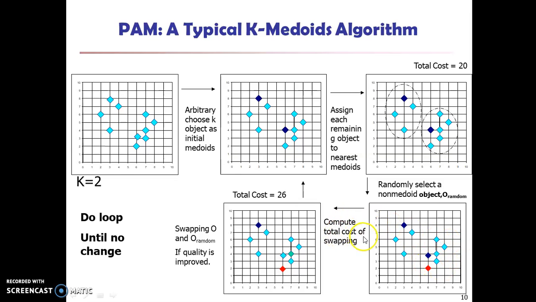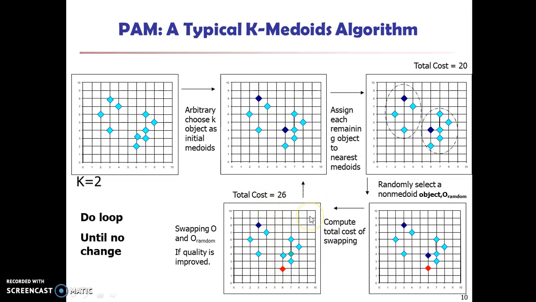So compute the total cost of the swapping. Initially this was the medoid. Now we are going to choose this one, in red, as a medoid, so it is going to be swapped. What is the cost of our swapping? By choosing this one, the cost will be 20. By choosing this other one as a medoid, the cost will be 26.